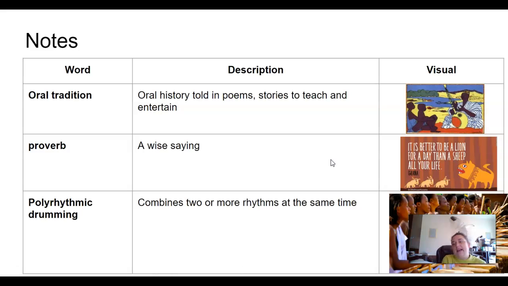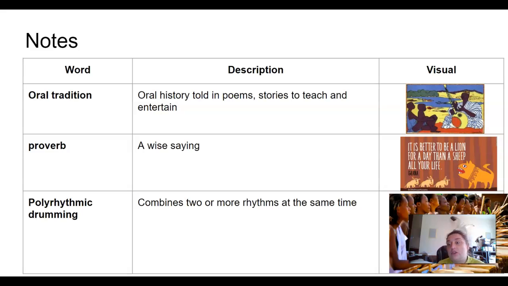We've got some notes, and then I have some kind of fun stuff that you can do on your own. I don't want to make the video forever. Oral tradition is oral history told in poems and stories to teach and entertain. We saw that in Digging for the Truth when the griot told the story to music, and that was their history.